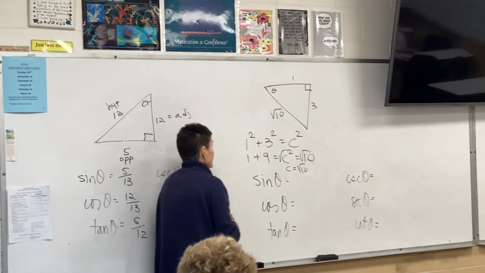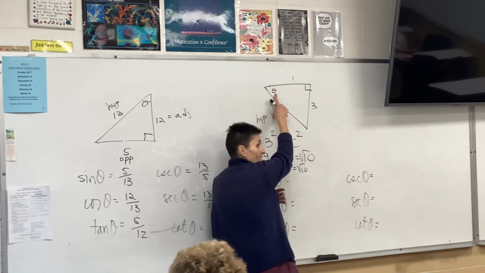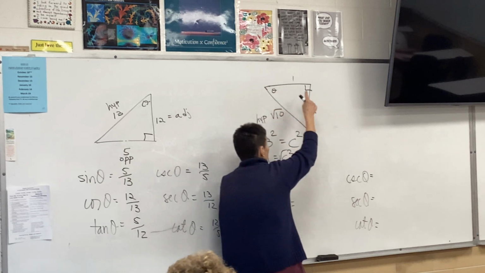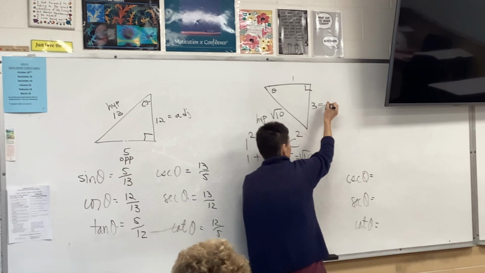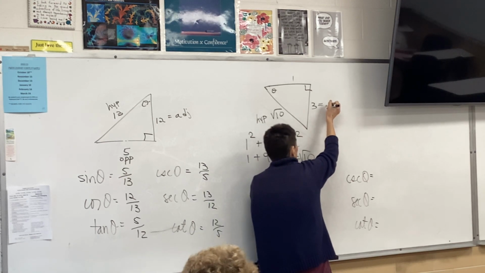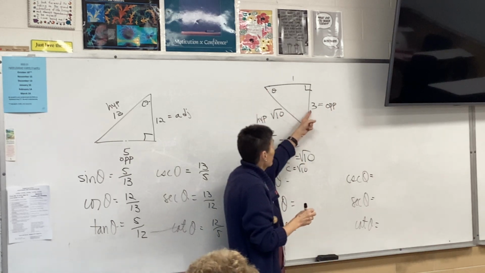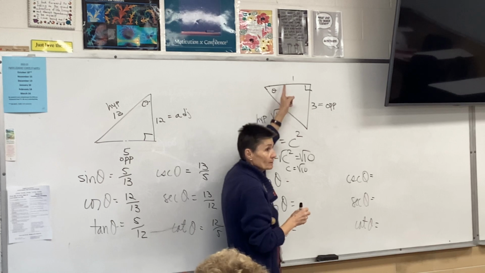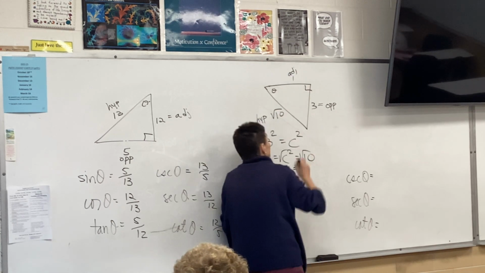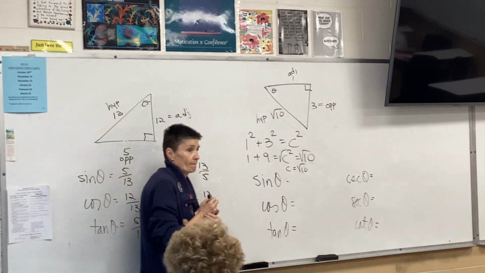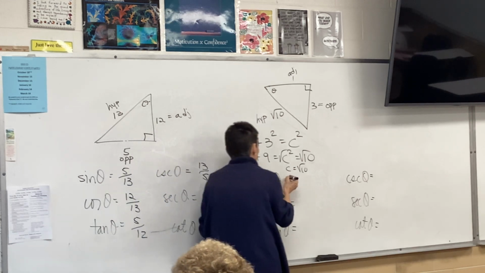All right, let's label our sides. Now we know that's the hypotenuse. Okay, here's your angle this time. So this, look where it is, it's across from the theta. So this is the opposite. Opposite means across from, adjacent means right next to. So this is adjacent. And now we're ready to go.